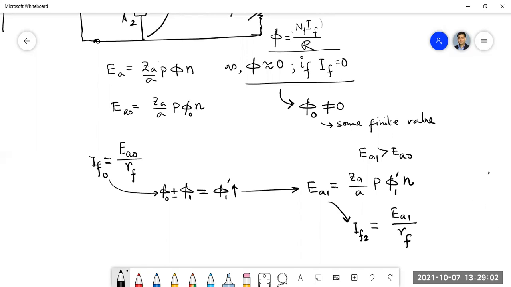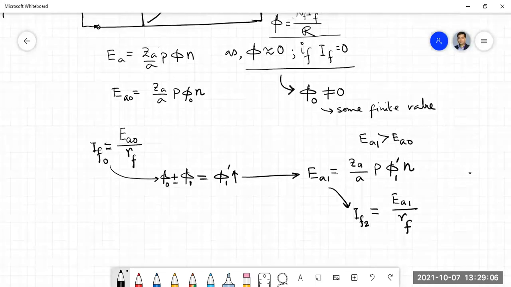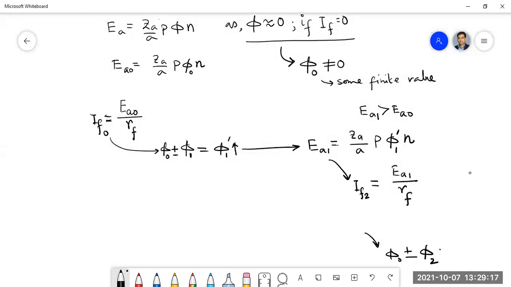Clear? Yes, sir. And then this field current will generate phi2, which is again more than phi1. And therefore phi2 will be more than phi1.